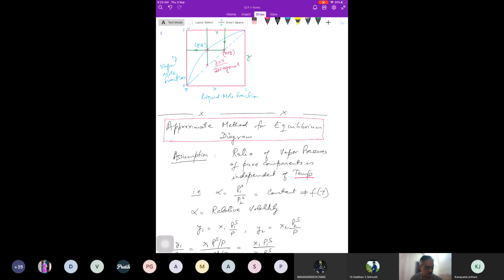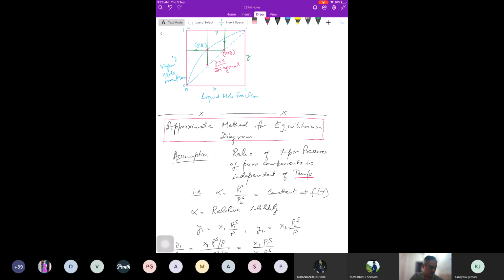The ratio of these two, that is called alpha, is equal to P1s upon P2s is equal to constant, and it's not a function of temperature. That's what we have to assume. That's why it is called an approximate method. The assumption is not true for many situations, but it is an approximation. We can use it for calculation at lower pressures. Higher pressures पे फर्क पड़ता है.